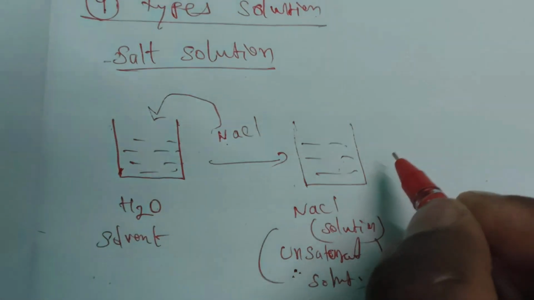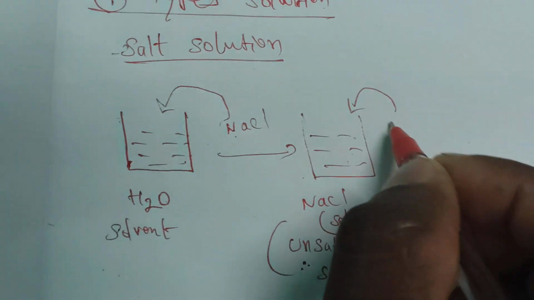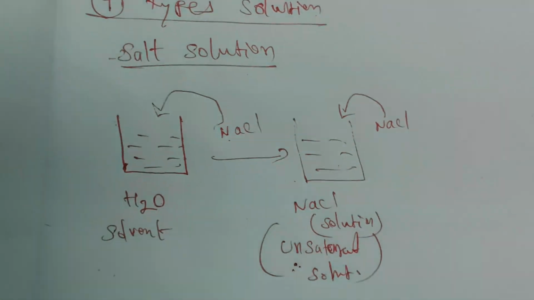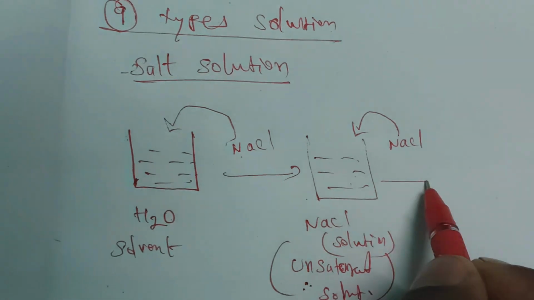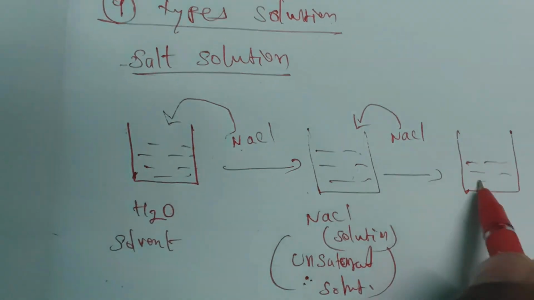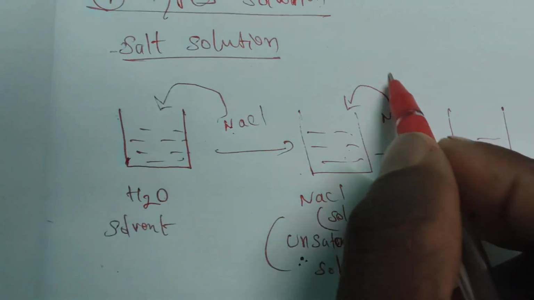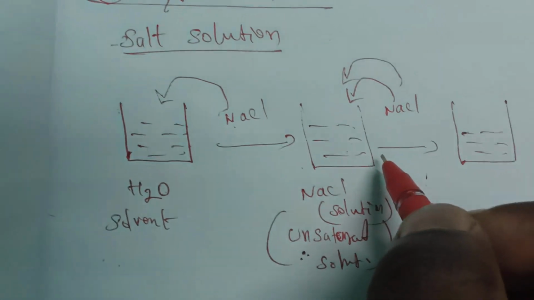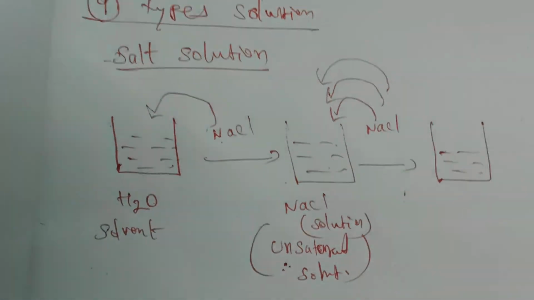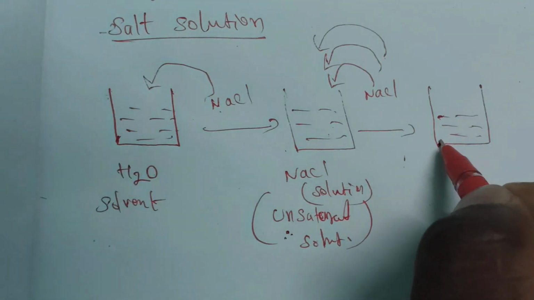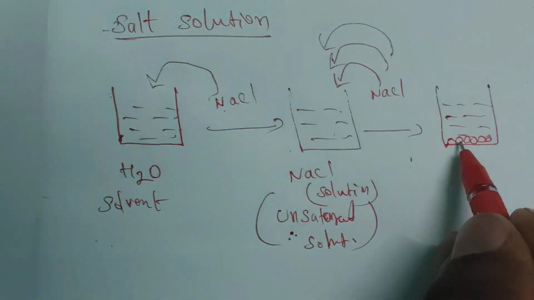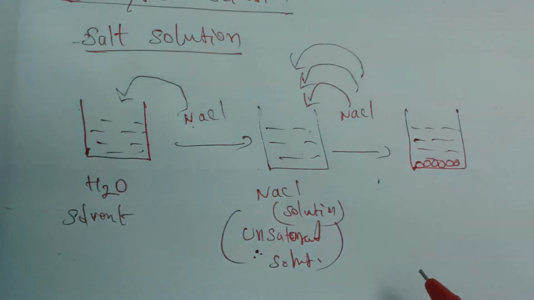Okay, so then one more portion of sodium chloride solute is added into the unsaturated solution. It dissolves, and we get a clear solution. Again we add one more portion of solute, and again one more, repeatedly. Finally we get undissolved solute present at the bottom of the vessel.